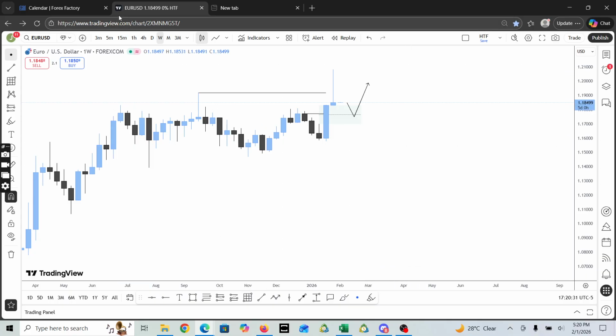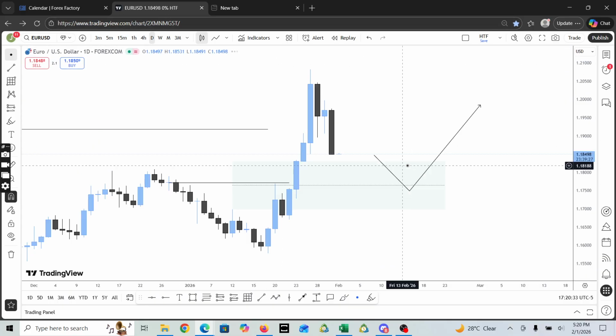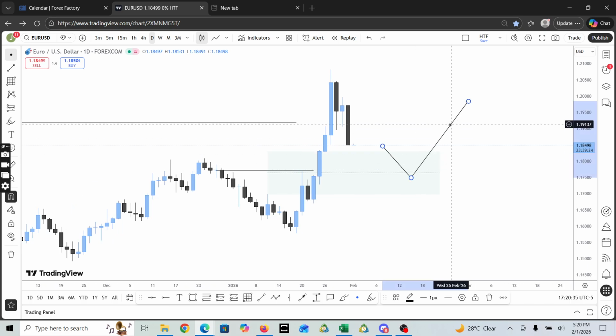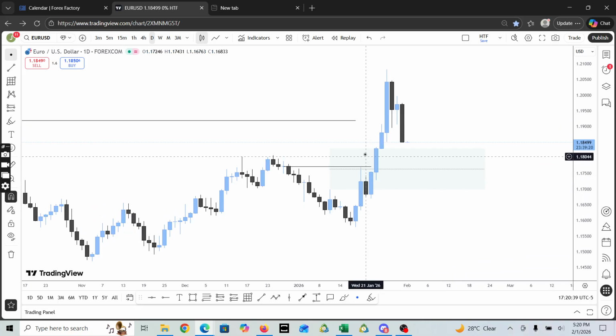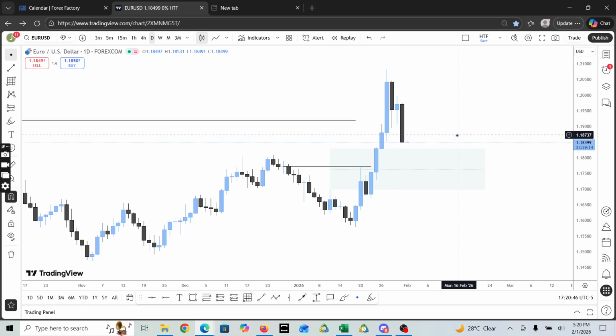So on the daily, let's see what we have. Yeah, it closed slightly below the FOMC low. Maybe, just maybe, this is what I'm talking about. Just maybe price will trade back to one of these wicks.